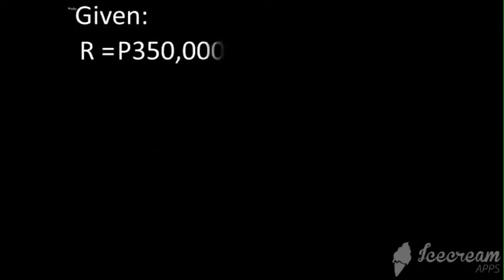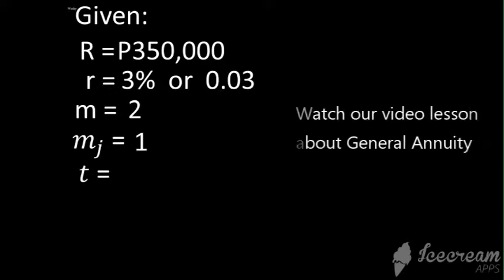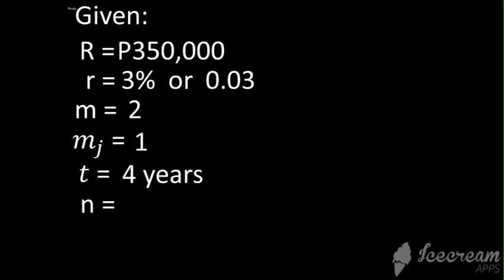Given, the regular payment is 350,000 pesos. The rate of interest is 3% or 0.03. The frequency of conversion is 2. M sub j is 1. Time, 4 years. And the total number of payments is 4, while k is equal to 6. Find P, or the present value.